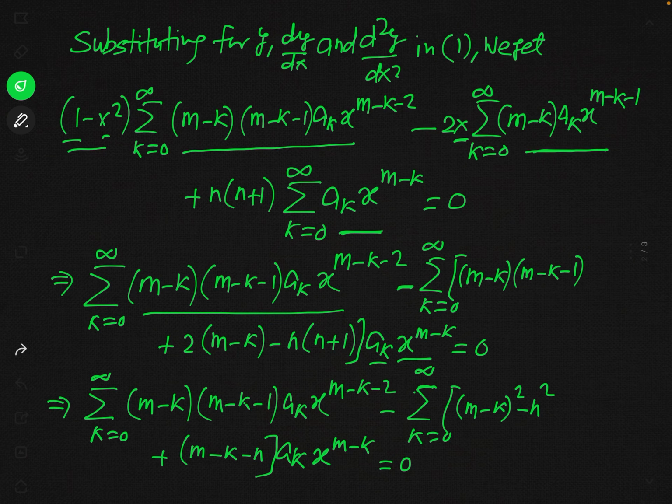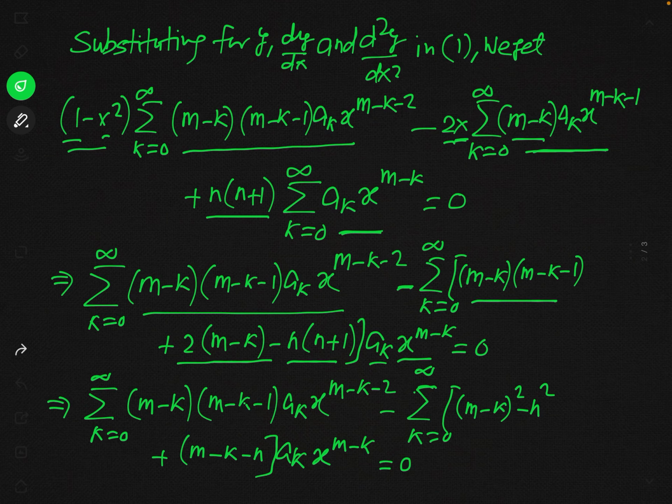And in the second term, since minus has been taken as a common factor, this will be 2 into m minus k. So this is plus 2 into m minus k. And in the last term, you can see there is plus n into n plus 1 into ak. But since we have taken minus as a common factor, this will become minus. And ak x to the power m minus k has been taken as a common factor in this.